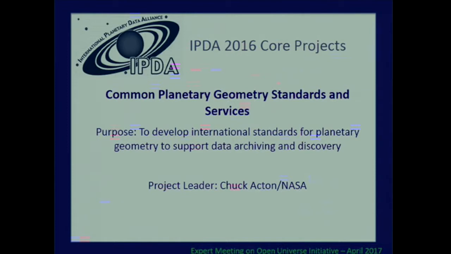Another issue regarding interoperability, which affects planetary datasets in general, is the geometry issue, so the localization of the remote sensing dataset. Not all instruments and all missions have the same approach to geometry information.